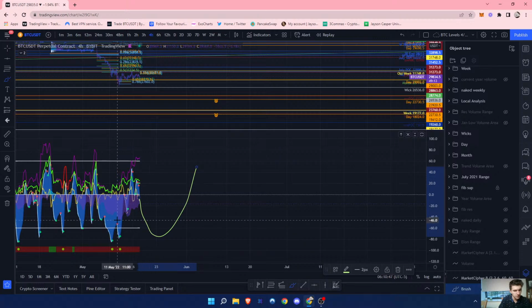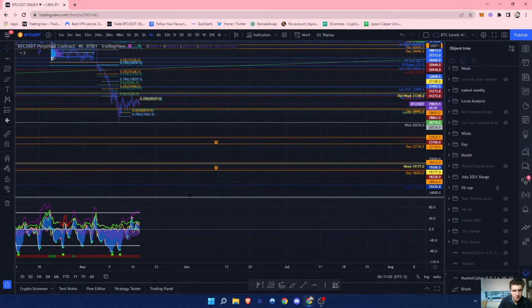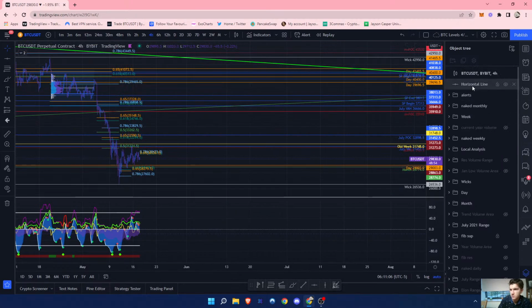And then again, I don't want to see money flow going past here really. So it might just kind of stagnate, and then money flow would kind of come up over time like that. So that is pretty much it for the longs that I'm looking for. Not too many options right now.